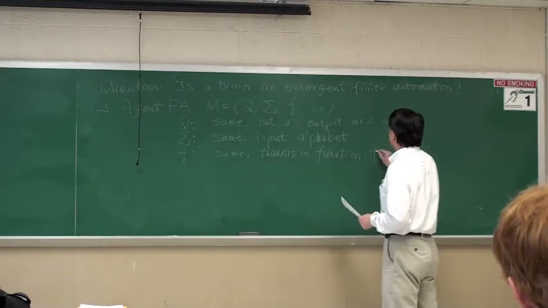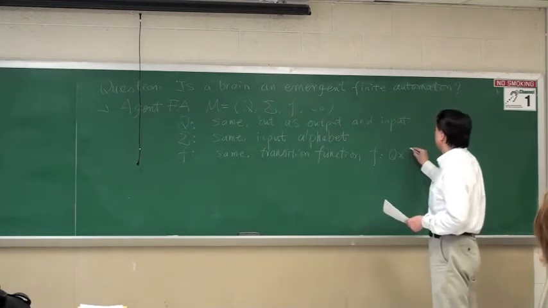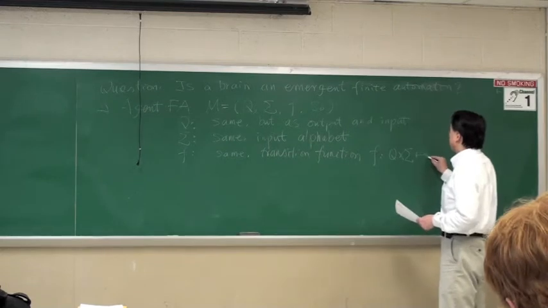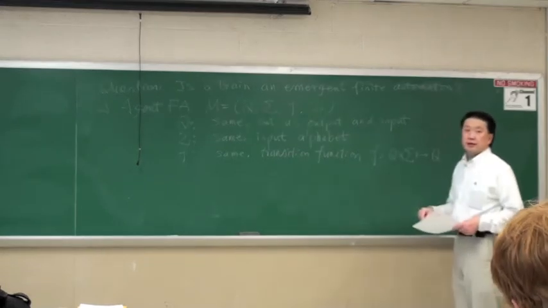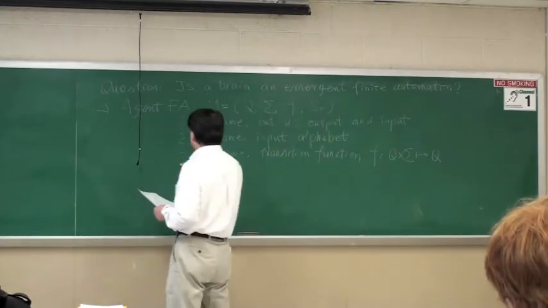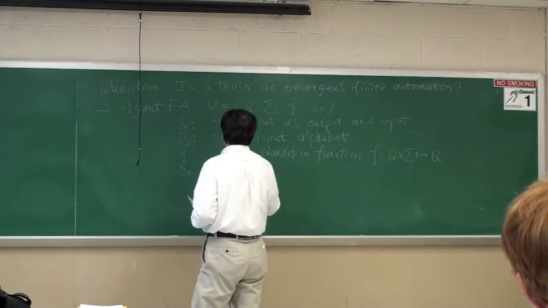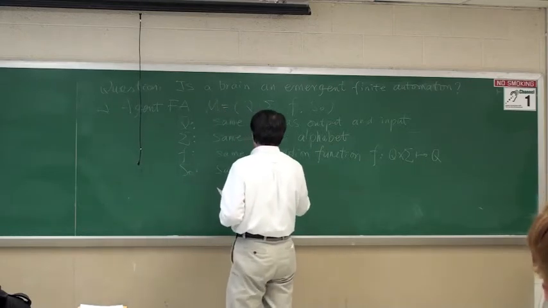That maps the set of states plus an input symbol to a set of states. All right, just like we had before. And S0 is the same as the standard definition. It's the initial state.